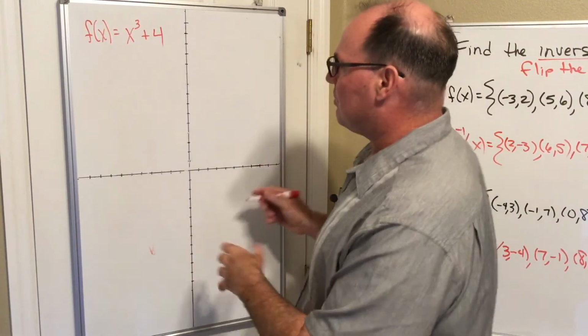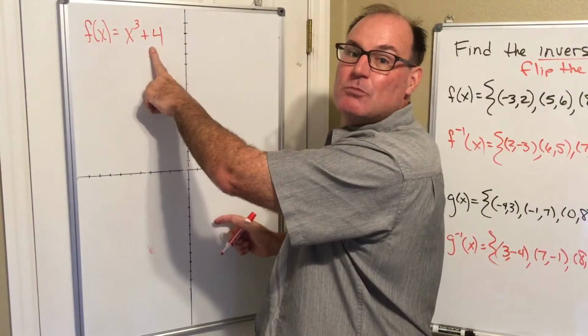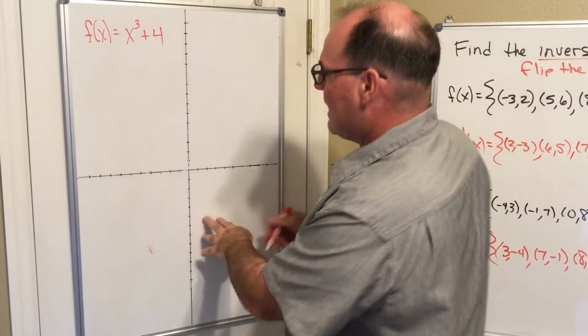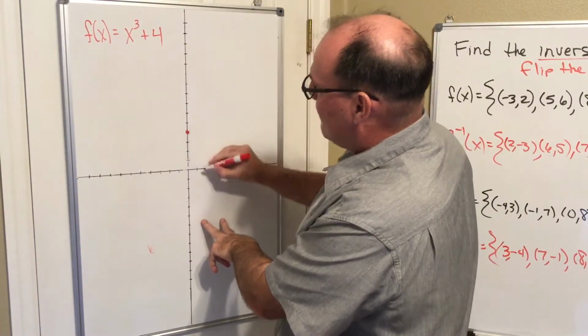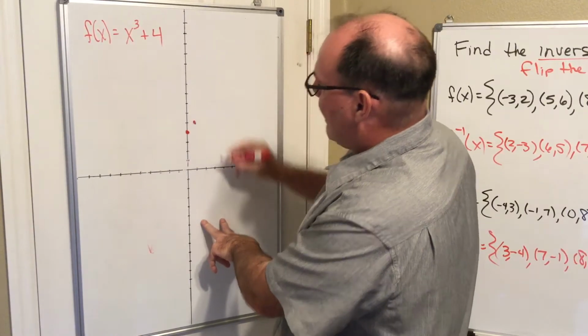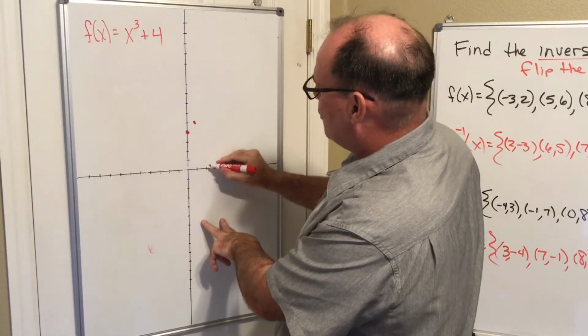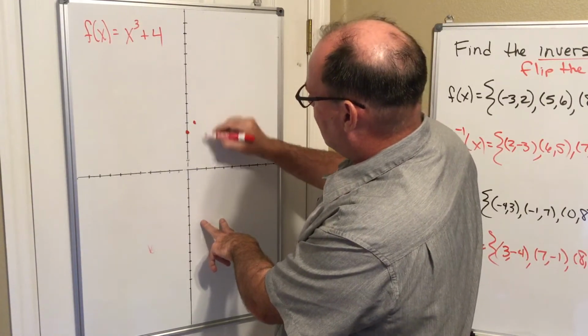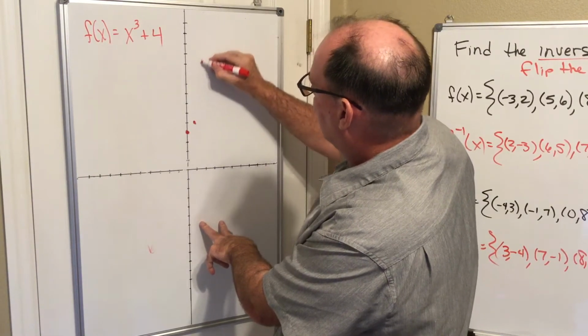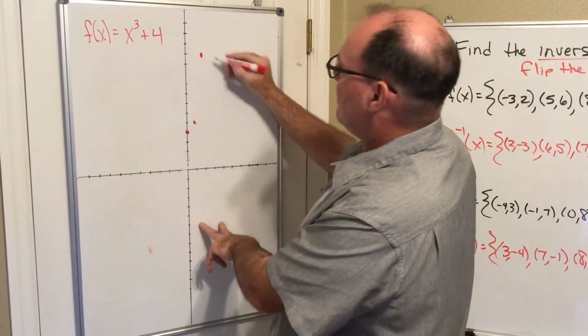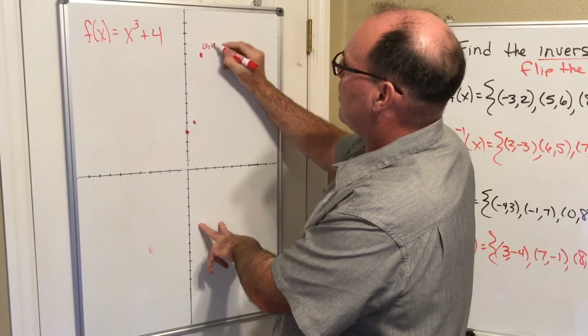So my x cubed plus 4 means I'm moving my x cubed graph up 4 units. So I take my (0, 0), and I go up 4. I take my (1, 1), and it goes to (1, 5). I take my (2, 8), and it becomes (2, 12), going up 12. So this is the point (2, 12).